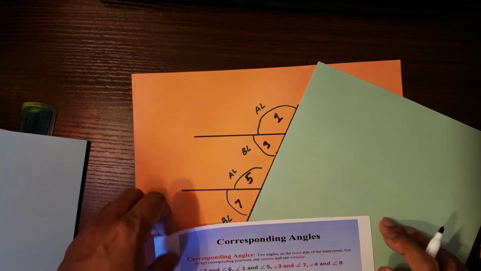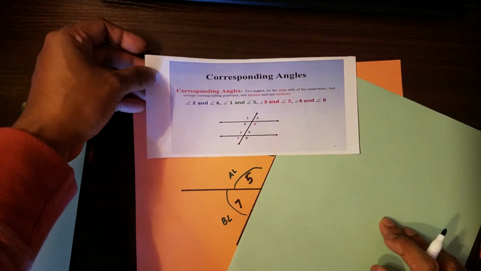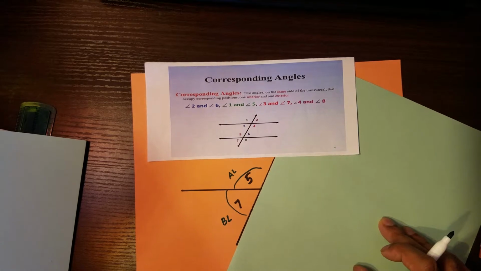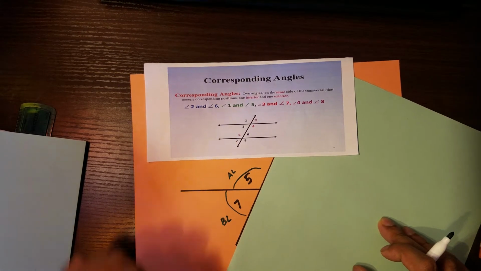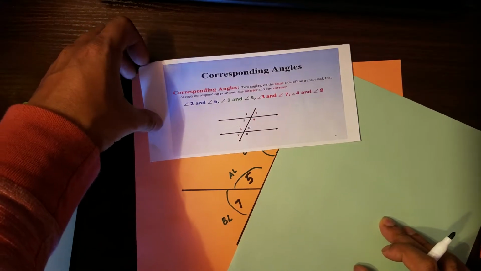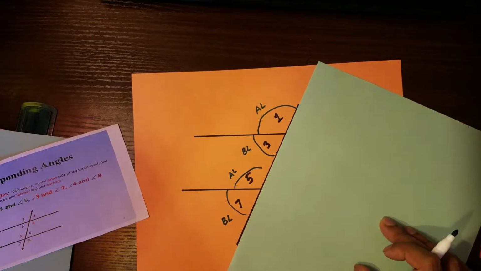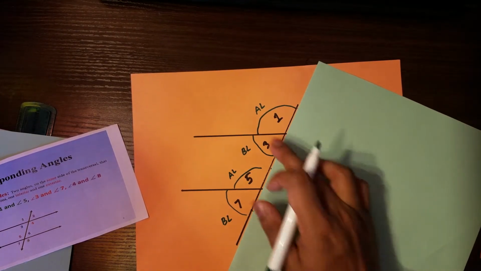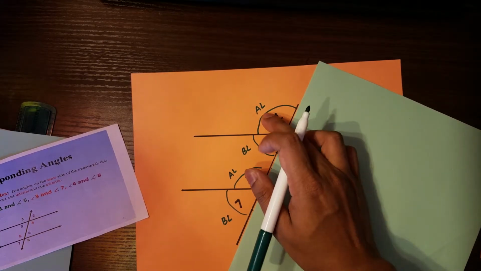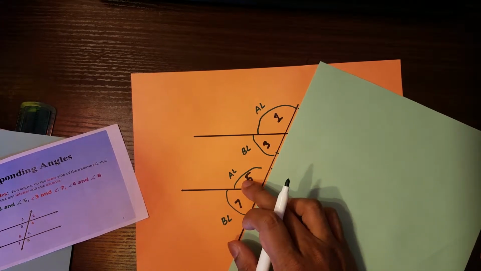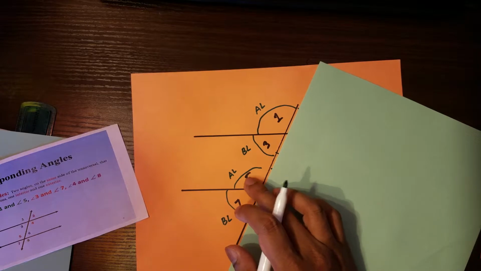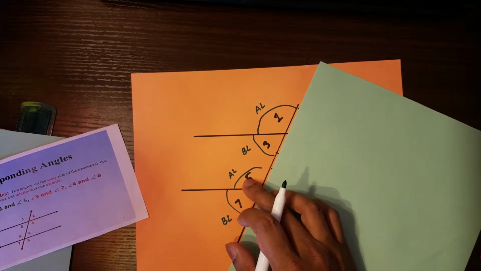It says two angles on the same side of the transversal that occupy corresponding positions, one interior and one exterior. Same positions: if you look at AL, that is above and left, this is also AL. That means this is also occupying the same position.